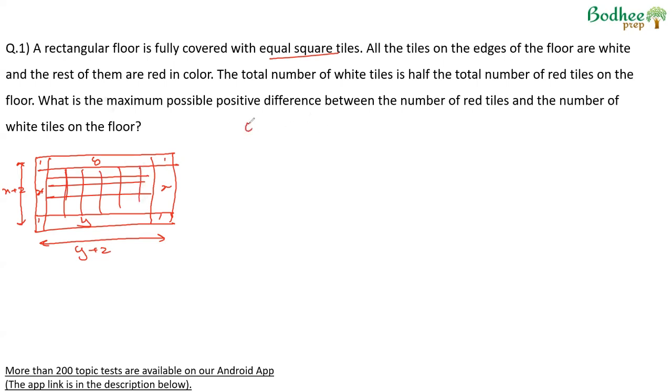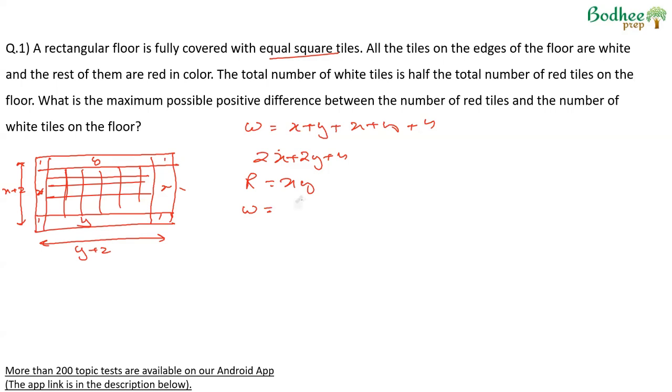Therefore, the number of white tiles will be x plus y plus x plus y, and the corner 4. That means white tiles is 2x plus 2y plus 4. The number of red tiles will be x rows and y columns, therefore x into y. According to the question, the total number of white tiles is half the total number of red tiles.